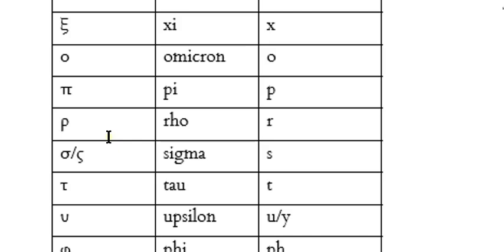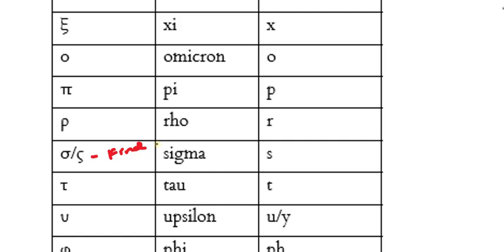That's right. It's a final form sigma, so it's a sigma at the end of a word. You won't see it at the beginning. So you need to make sure you get familiar with both of those forms. It doesn't matter whether the sigma is final or non-final. It's still transliterated with an S in English.